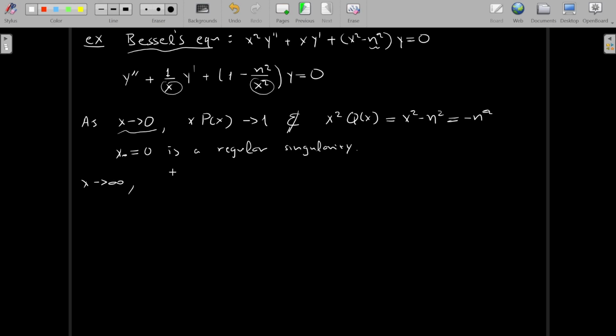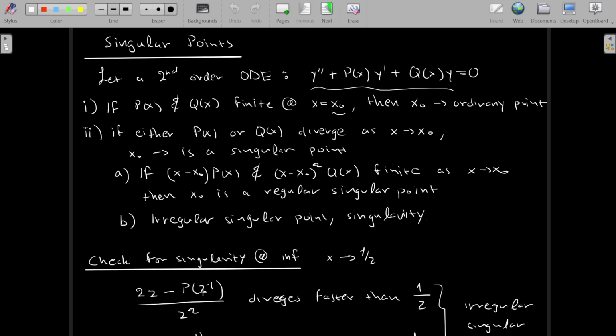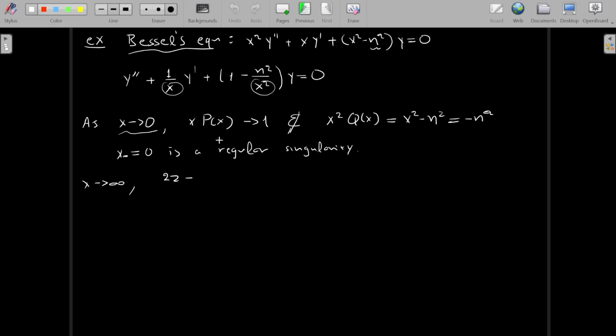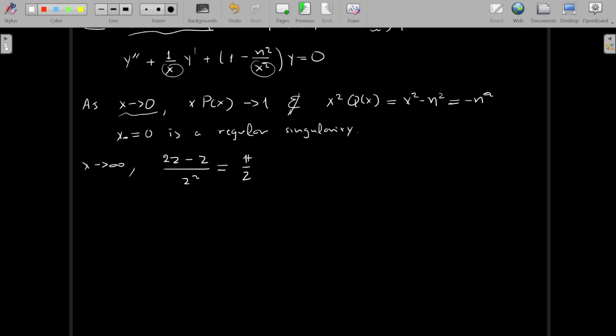So for x goes to infinity, we have 2z minus p of z minus 1. So this is just 1 over z, because the reciprocal of this, over z squared, is nothing more than 1 over z, right? So it doesn't diverge faster than what we got.